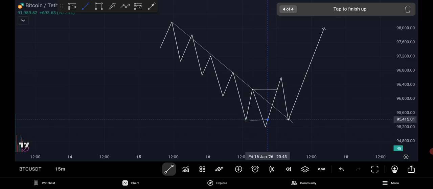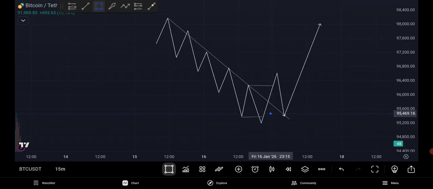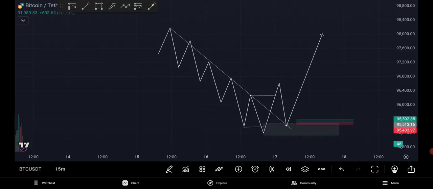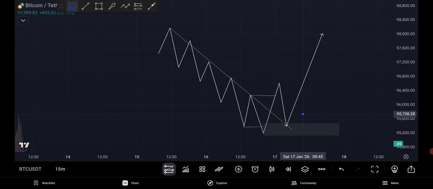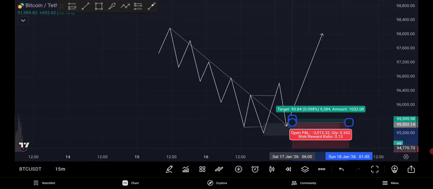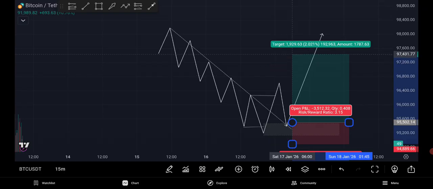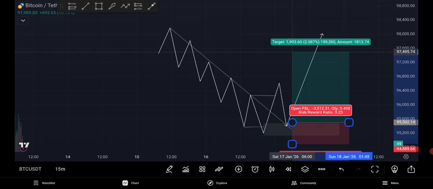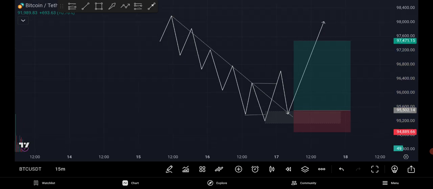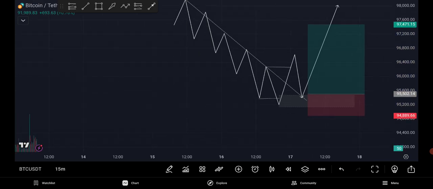When this low has been swept, and there's a fair value gap here under an order block, I'll consider this zone valid, and I can take a trade from this zone and aim for whatever high, but for me I aim for just 1 to 3 RR trades.